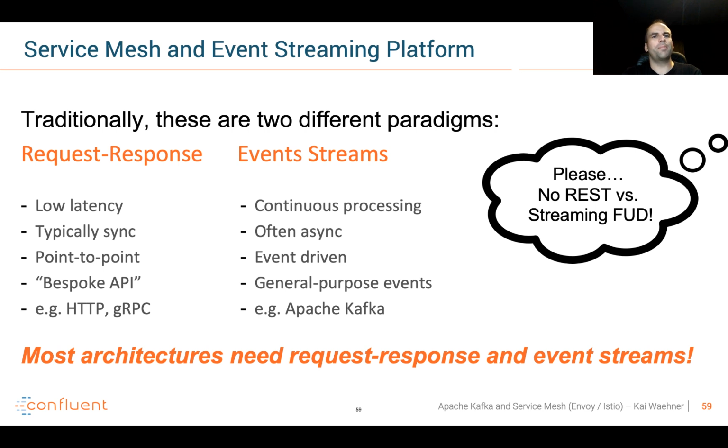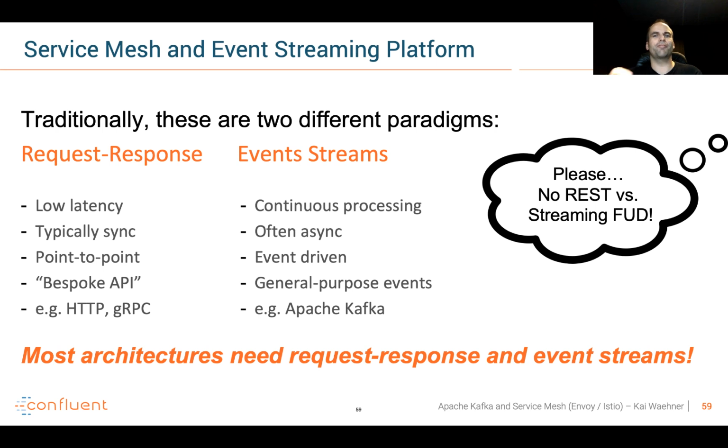This also happened about microservices until a year ago or so. Everybody thought microservice is just HTTP and REST. So this is not true anymore. While often it makes sense, in the meantime, it doesn't really matter if you do request response or event streams. This is completely independent of the story about building microservice infrastructures.